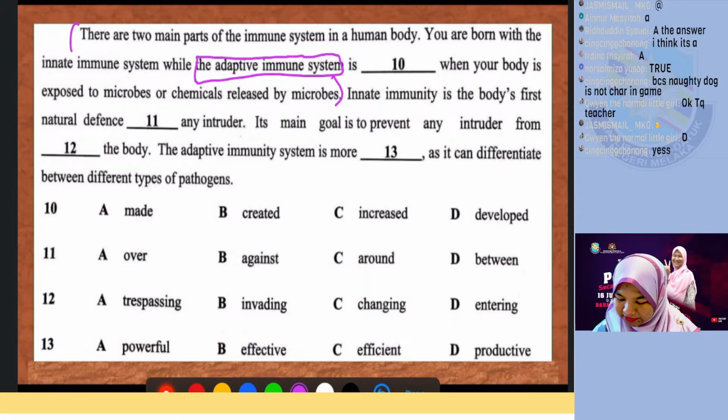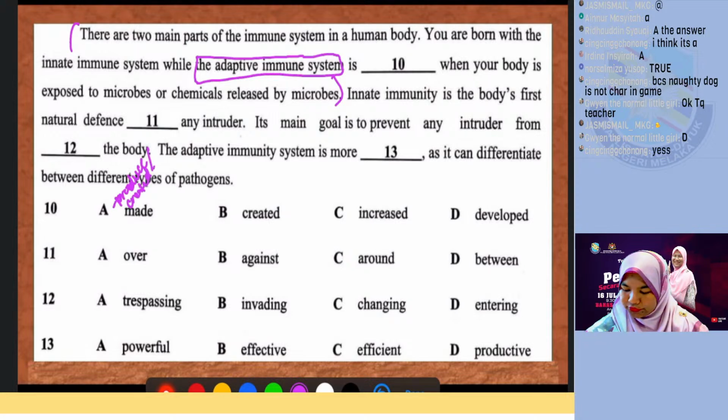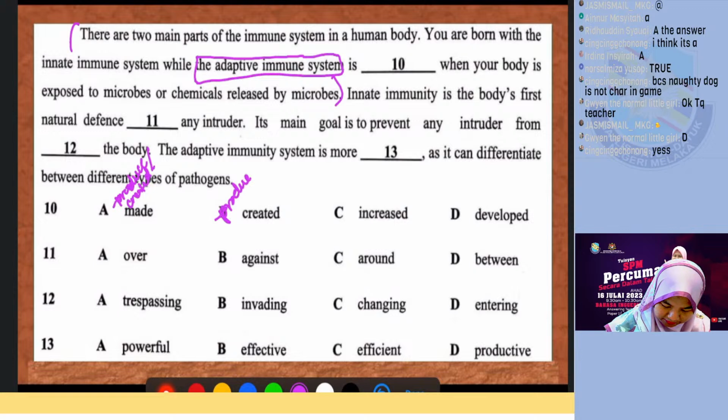Here A, made, means produced or created. And then B, created, means produced or constructed.